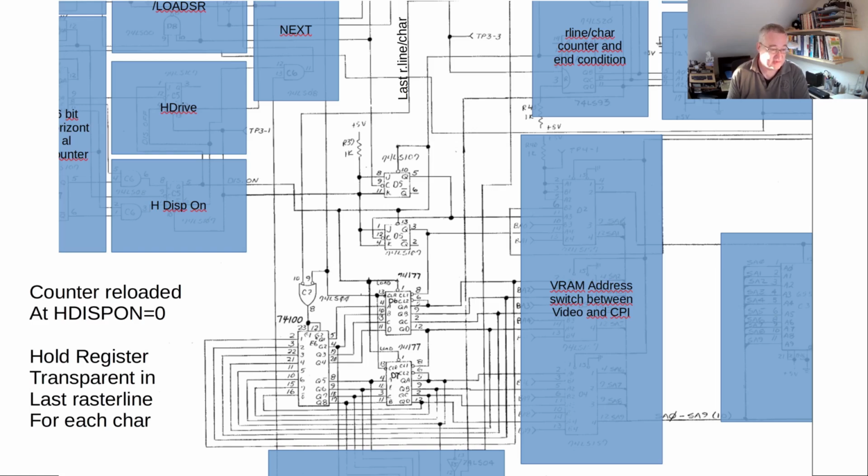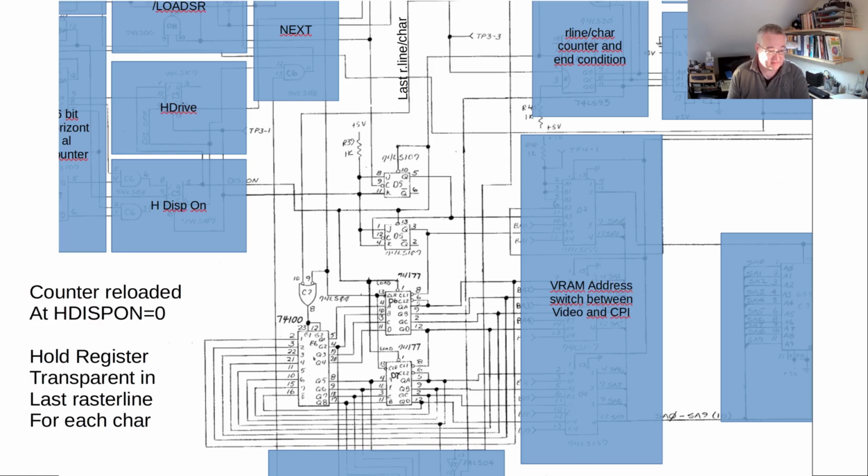So this also has to be cleared again, and it's cleared because the counters are cleared and the output is going to the hold register. And the nice thing here really is that during that last raster line of a character, the counters are happily counting from, say, 0 to 39 and then to 40, and the hold register is set to transparent.